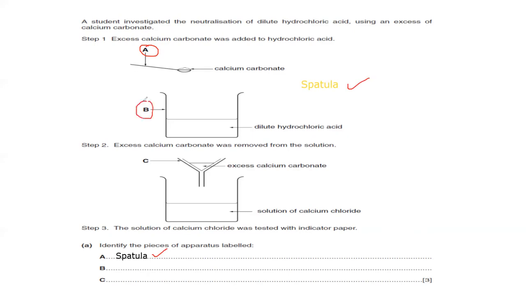What about B? B is known as a beaker. And what about C? That's a funnel.